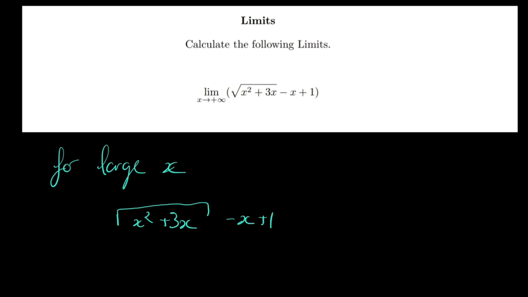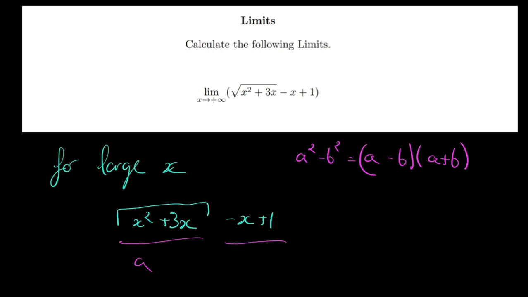We want to get rid of this square root really. And we have to remember always, when we want to get rid of a square root, the identity a squared minus b squared is equal to a minus b times a plus b. Because here I can really rewrite this as this being a and this being minus b.